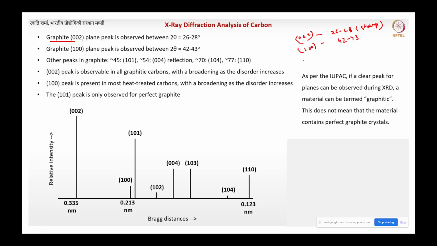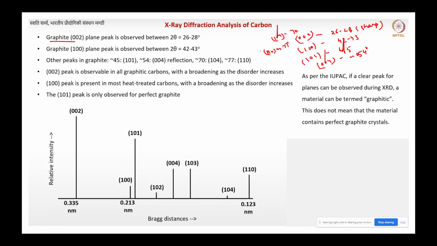Let's say plane 101 is around 45 degrees, 004 is at around 54 degrees, and at 70 you can find the 104 plane, and 110 at 77.